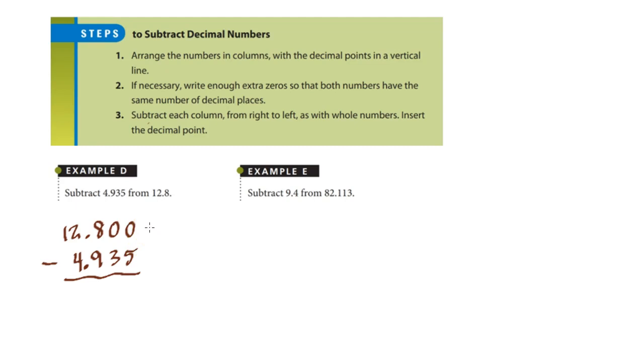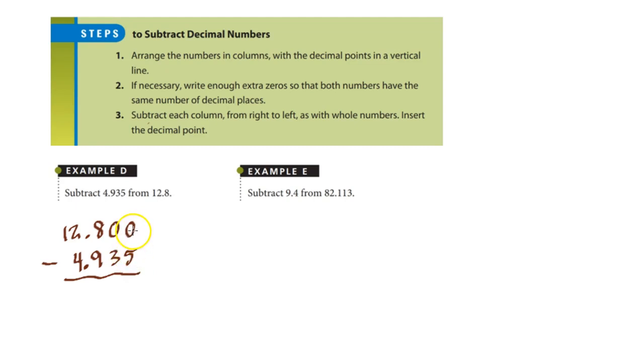Now we're going to be dealing with borrowing. You may be familiar with the borrowing process, borrowing from the place to the left. But we do start from the right, and notice that similar to subtracting whole numbers, you want to see if the number on top, compared to the number on bottom, is smaller.